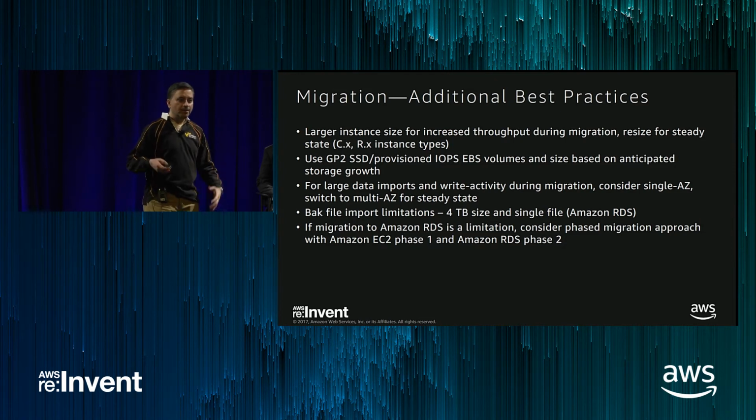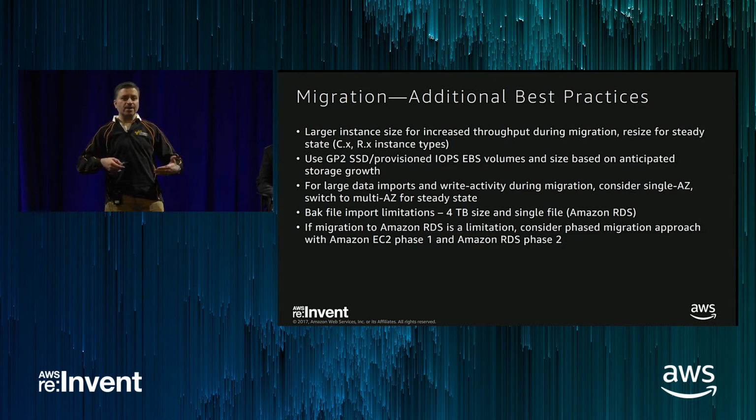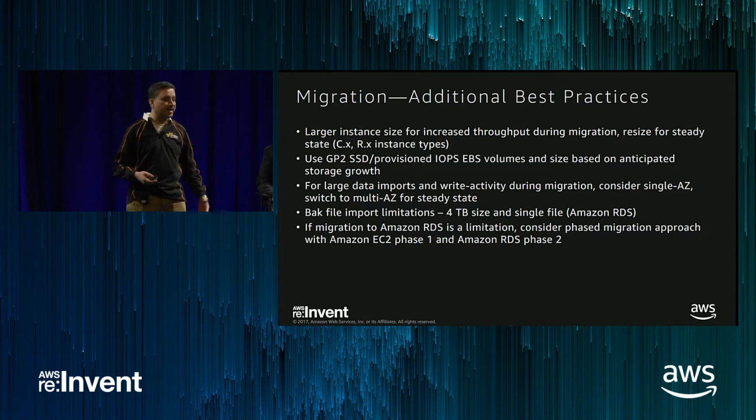The writes can become slower because it has to write and then copy to the secondary database as well. So during the migration period, set up a single AZ, and then before you switch to the production environment, change to multi-AZ, and there you go.